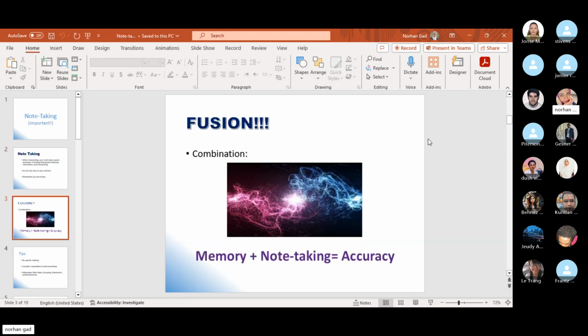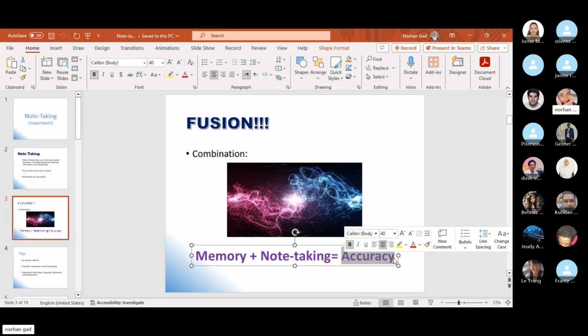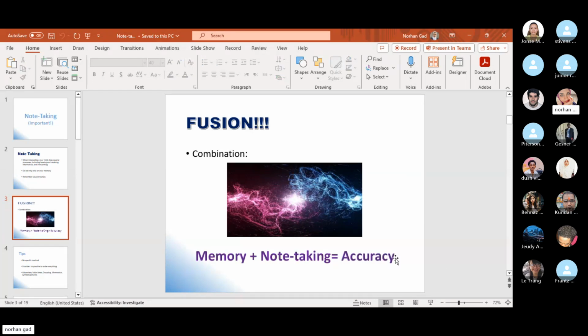I was saying, however, so this is the however. This is what we need you to do. If you want to reach the 100% accuracy that we are always asking you to have in your renditions, and this is what is expected from you, to give 100% accurate renditions of what was said, you need to use both your memory and your note-taking skills.